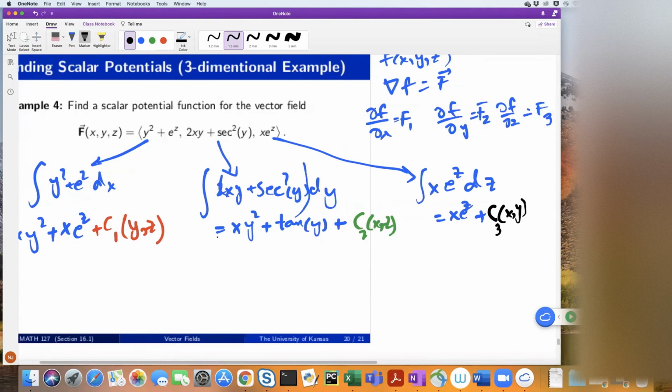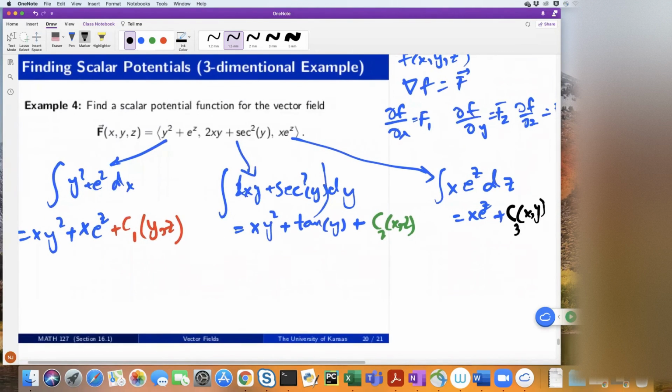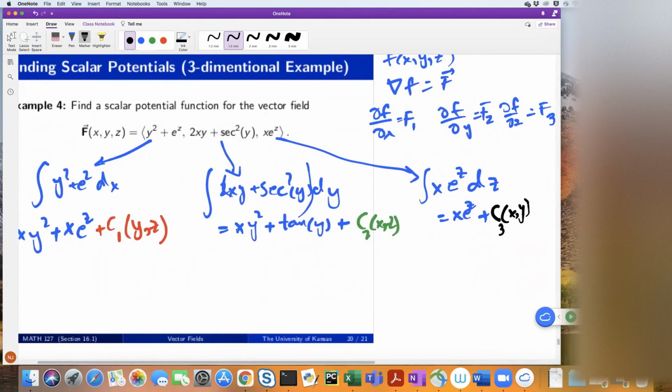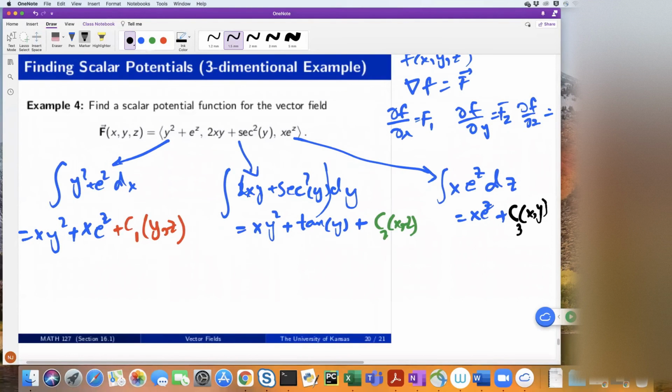Now, what are the common terms in here? There we go. So what are the common terms? Let's see. The common terms are these two. And they don't show up in the last piece, right?